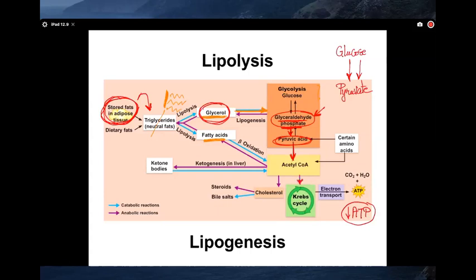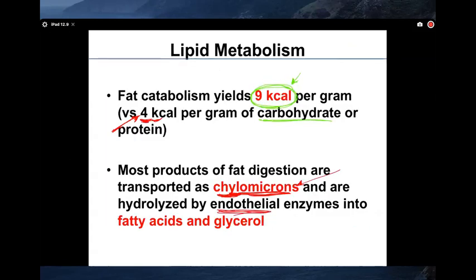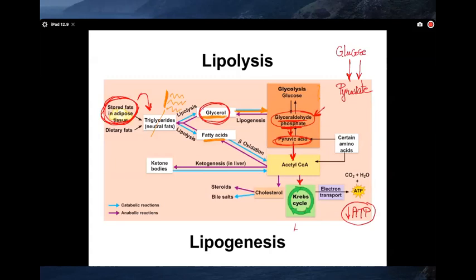cycle, and it's going to be releasing, if you remember, each pyruvate is going to be releasing how many NADH? Do you remember?